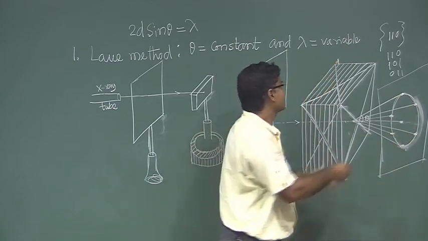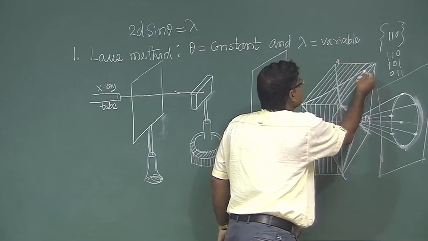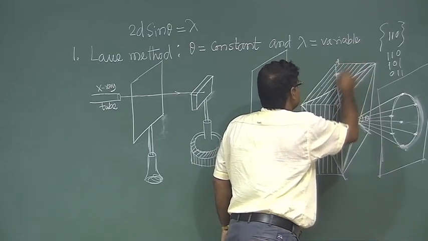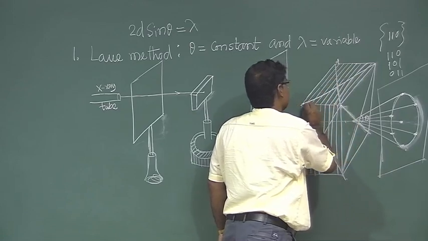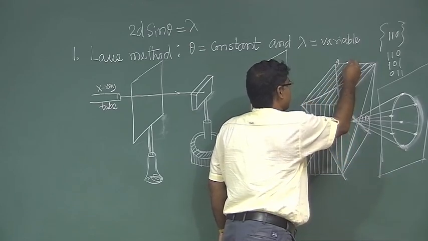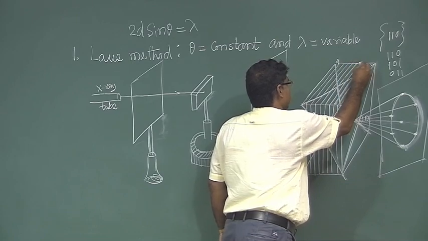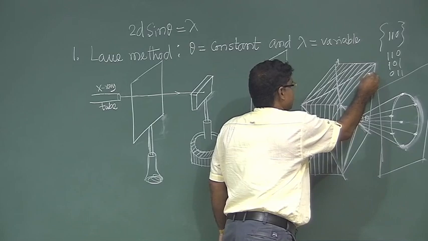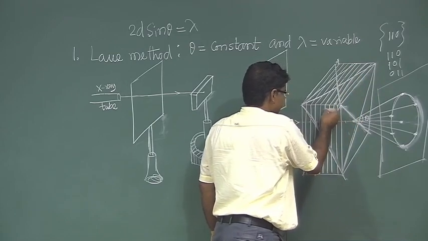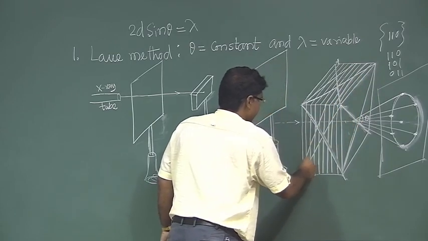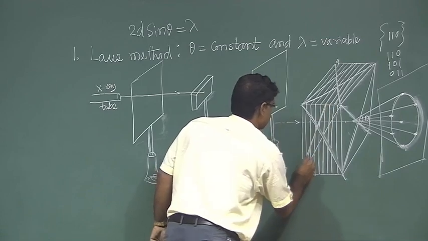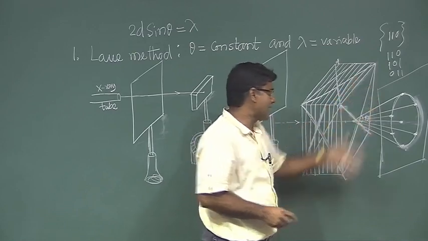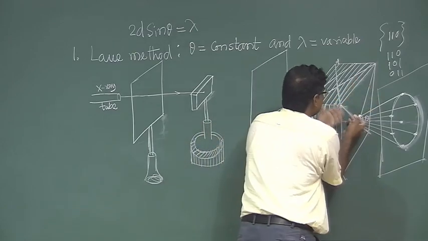From another set of planes with a different angle, say with this angle, one can draw another set of planes. For that set the angle will definitely be different.